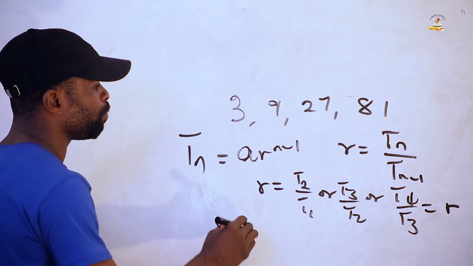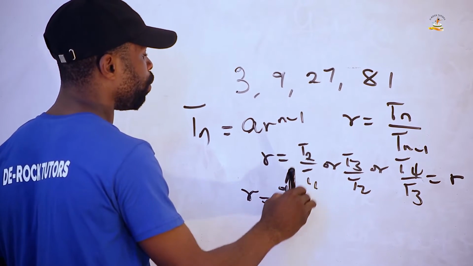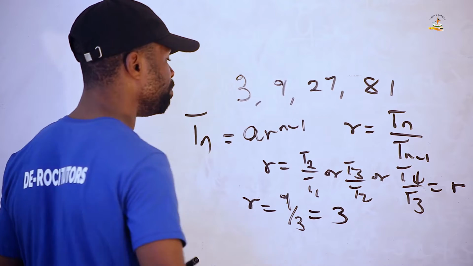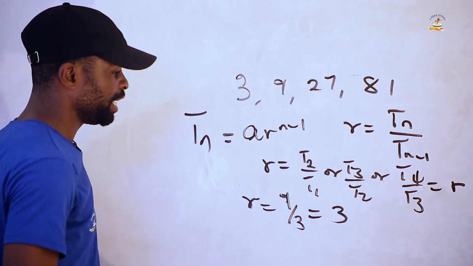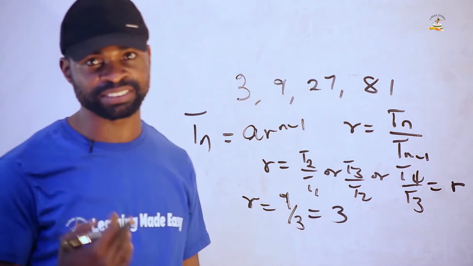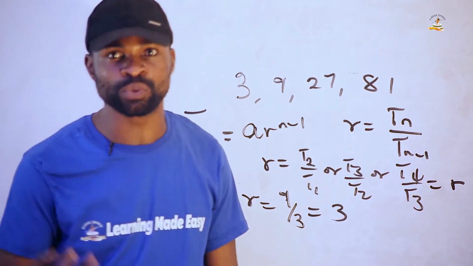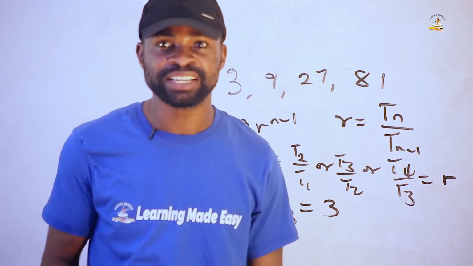So here now, I'm going to have my r equal to 9 over 3, which is equal to 3, meaning that the common ratio is 3 and the first term is 3. Since I want to obtain the nth term, the relevance of the nth term is that it will enable me to get any term in the sequence, because the nth term is always expressed in terms of n.